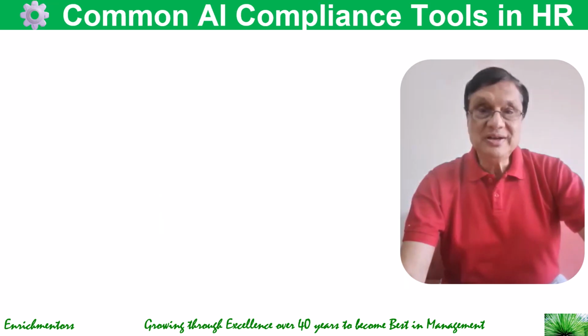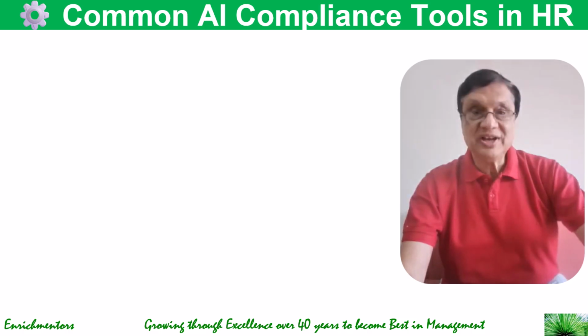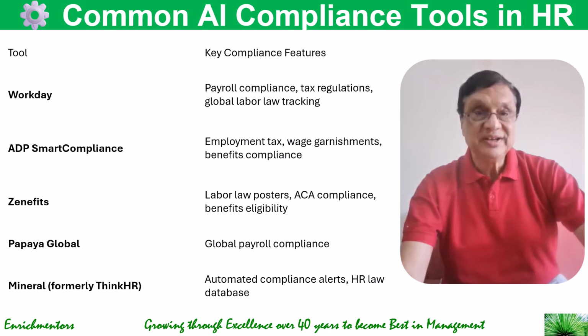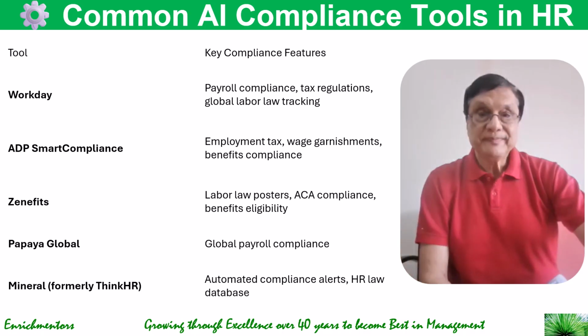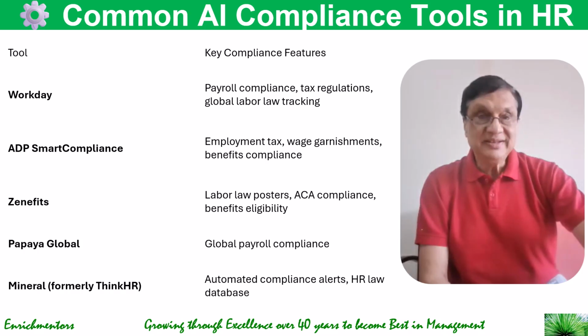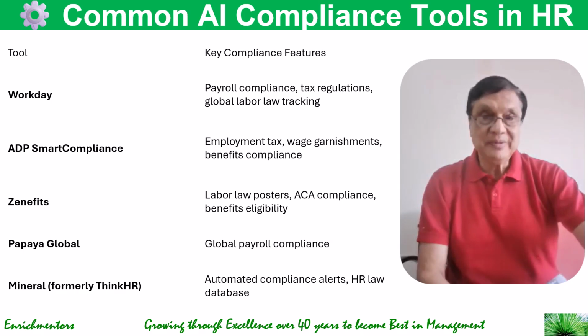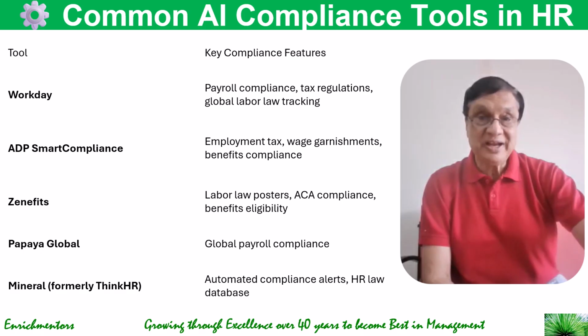What are the common AI compliance tools in HR? Let's quickly take a look at that, and then we will look at a deeper look in the next lecture. So there is Workday that does payroll compliance, tax regulations, global labor law tracking. Then there's ADP SmartCompliance, which again looks at employment taxes, wage garnishments, employee benefits compliance.